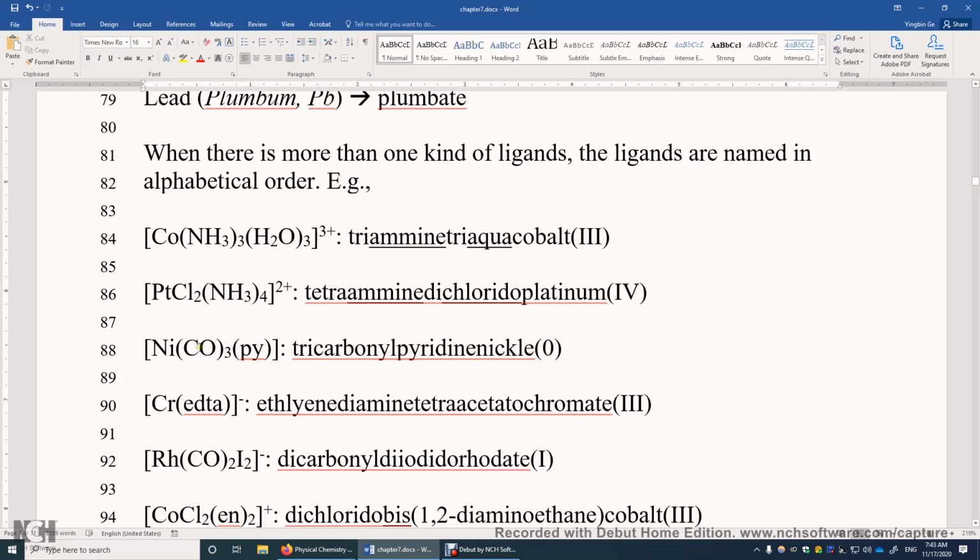Because carbon monoxide is neutral, pyridine is neutral, they both use their lone pair electrons to form the bonds with the transition metal center. And then carbonyl is before pyridine in alphabetical order. So that's why it's tricarbonyl pyridine nickel with an oxidation number 0.